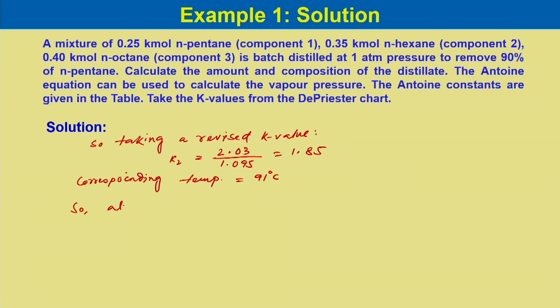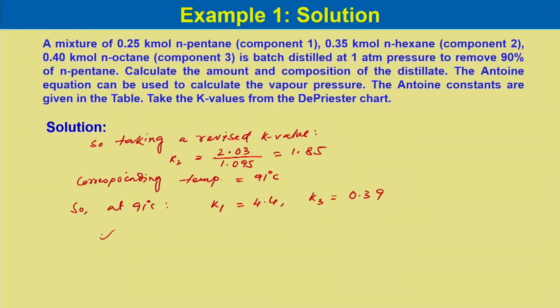So, at 91 degree centigrade, K1 is equal to 4.4 and K3 is equal to 0.39.